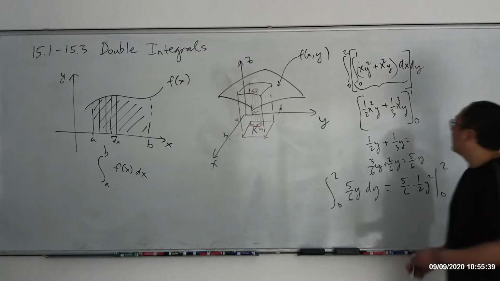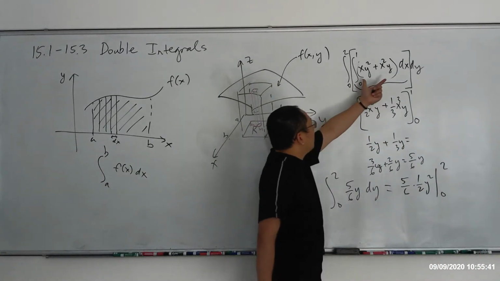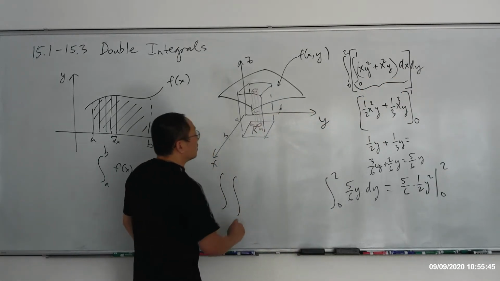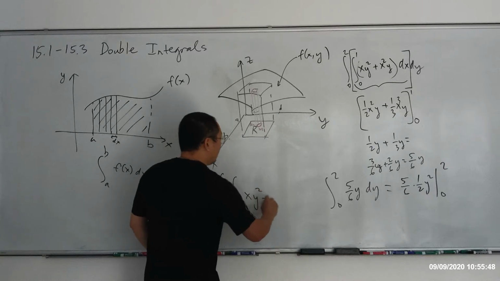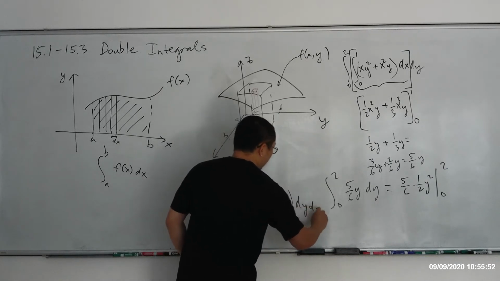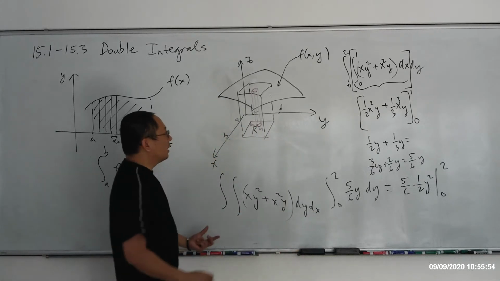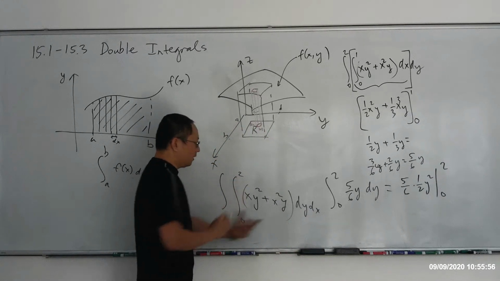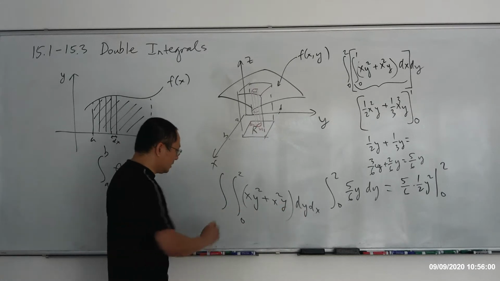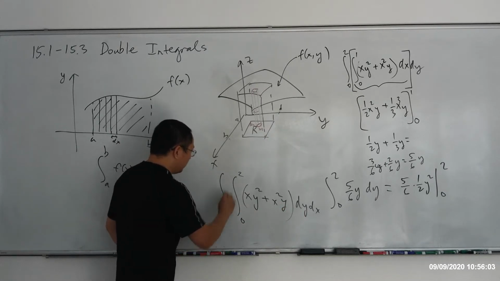Okay? And sometimes it could be easier the other way around, if you interchange the variables. You can do the double integral of x y squared plus x squared y dy dx. If you want to do it this way, y is going to run from 0 to 2 for the interior integral. You have to take care of the integral in y first, and then 0 to 1 for x.